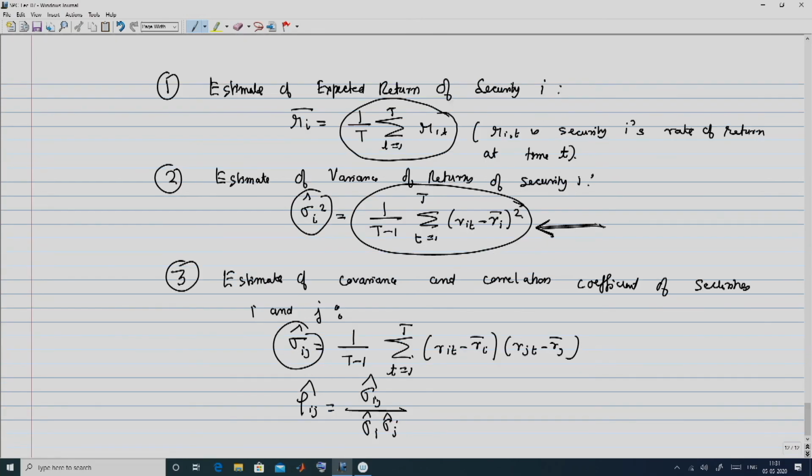Okay, so this gives us basically a way to make use of the historical data to estimate the basic data sets that are needed in order to move on to a portfolio optimization process, namely an estimate of the expected return, an estimate of the variance, and the estimate of the covariance and equivalently of the correlation coefficients.